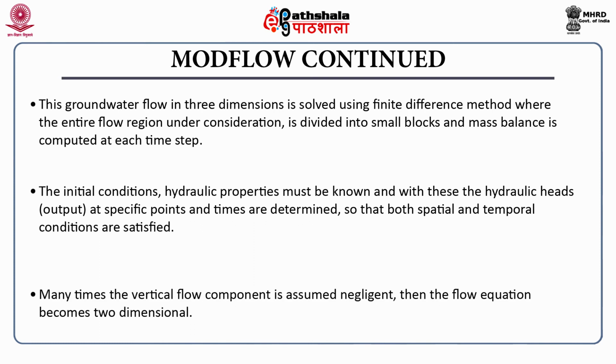Many times the vertical flow component is negligible, because we know that the hydraulic conductivity in that direction is the least, and then we take the flow in 2 dimensions if we want to understand the flow from one place to the other. In that case, we take Kx and Ky into consideration.